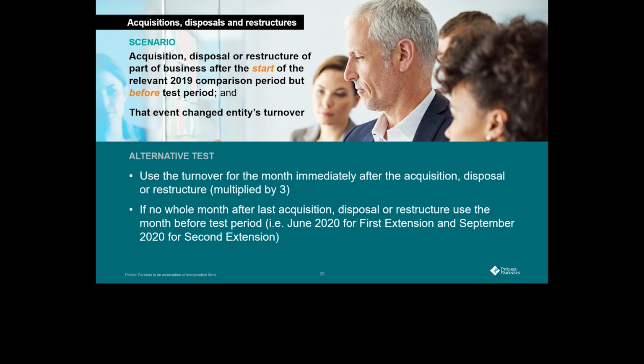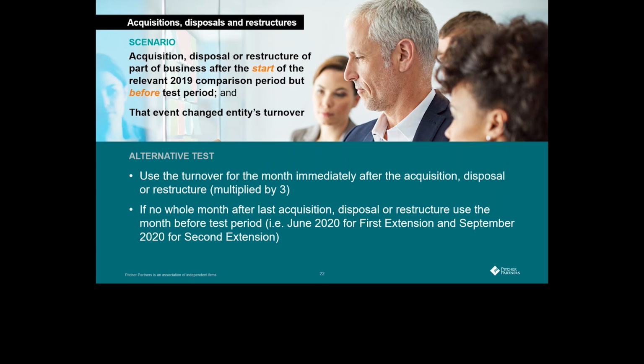And this last point on the slide is this no whole month rule, which recognizes that there might not be a whole month after the relevant transaction before our test period. So if we're testing the first extension, we're looking at the September 20 quarter, which starts on 1 July.